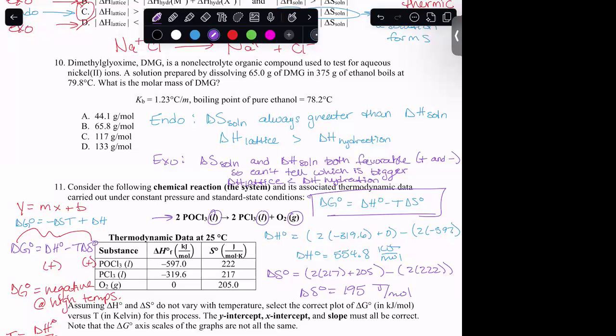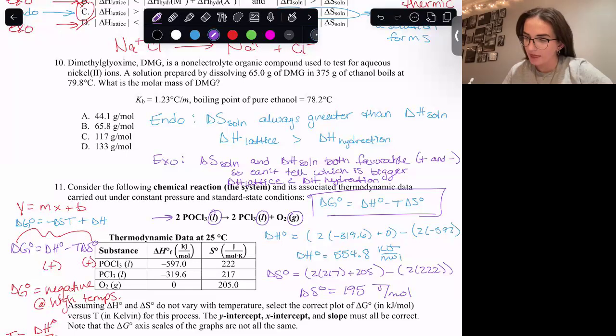So if it gives us an exothermic reaction, how would we know which inequality to pick if it were to be delta S of solution is bigger or less than delta H of solution? I don't think you could tell based off of the information given, right?